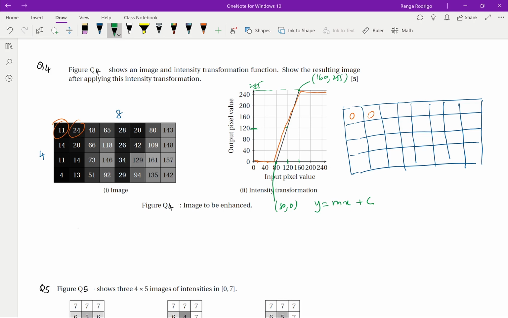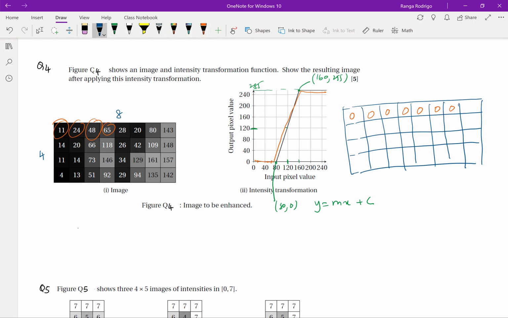So you can find the gradient and you can find the c, but I will do it graphically. Hopefully I can do it graphically. Then 48 is also here, it's 0. 65 falls below 80, it's 0. 28 is below 80, 0. At 80, it's 0. At 143, now you have to calculate.